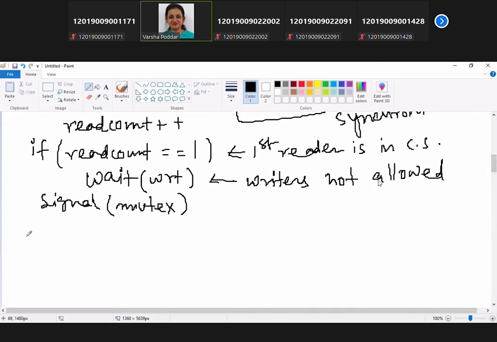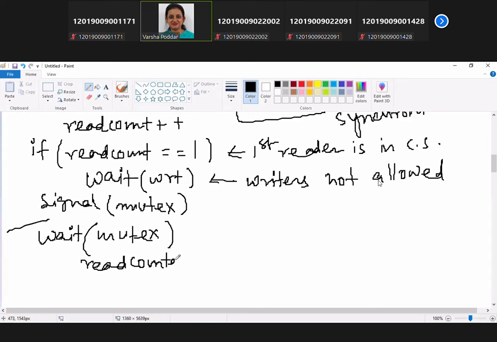Next, when you are releasing the readers, wait mutex. Now you are releasing the reader, read count minus minus.